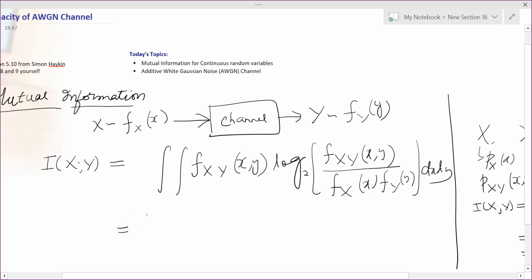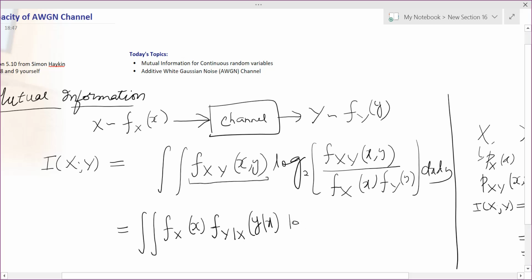We can write this joint PDF as fx of x times f y given x of y given x, log to the base 2.